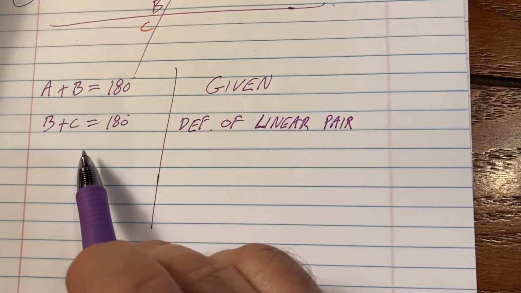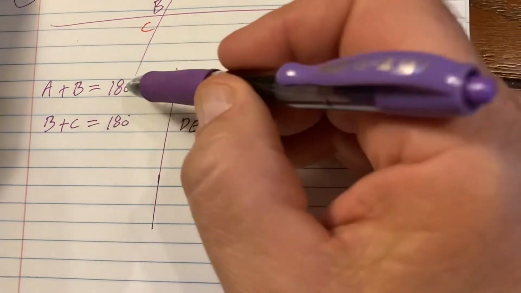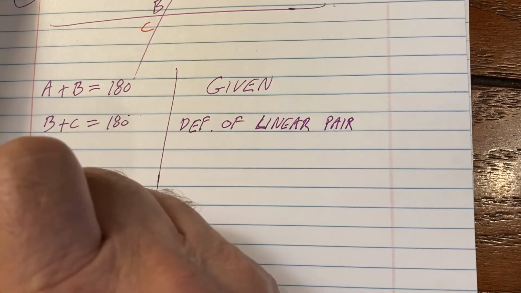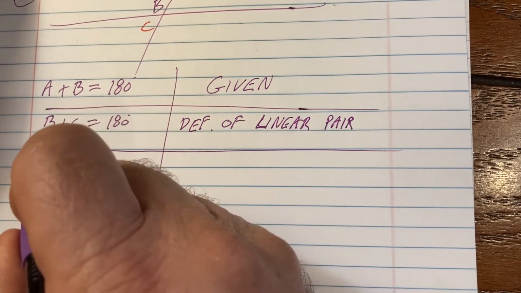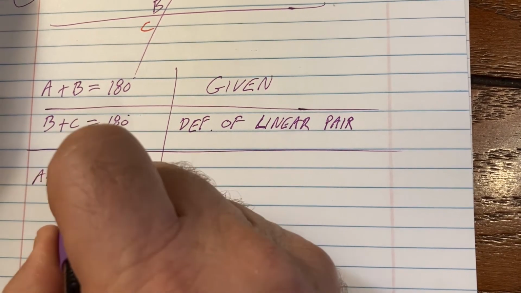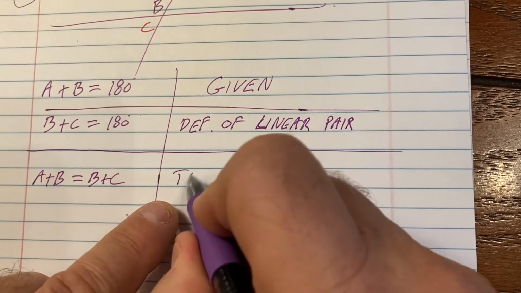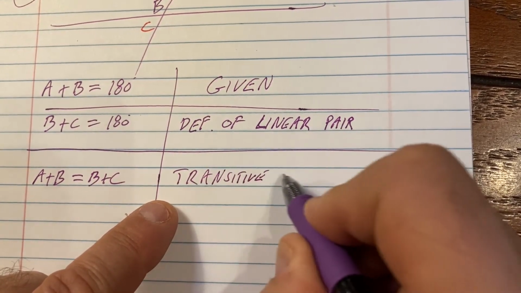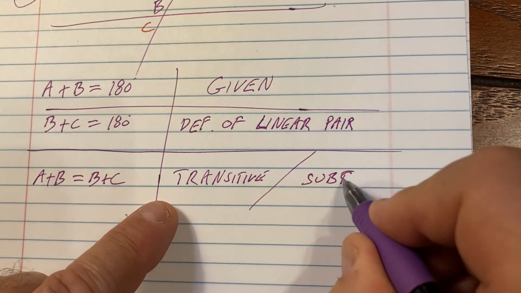Okay, so wait a minute. If A plus B is 180 and 180 equals that, therefore A plus B equals B plus C. You can use transitive, or you can use substitution. I don't care which one you use.